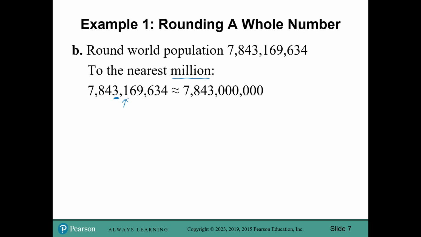The 1 tells us that this 3 in the millions place stays the same, and all numbers to the right of it will drop to 0. So we will rewrite all numbers to the left, the 7,843,000,000, and we will put zeros for everything to the right.